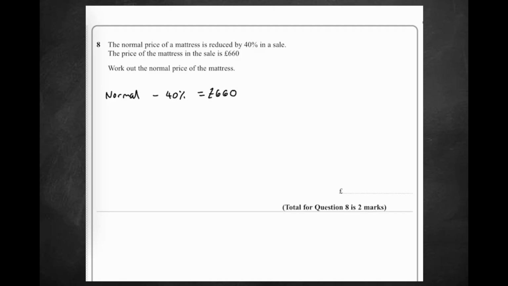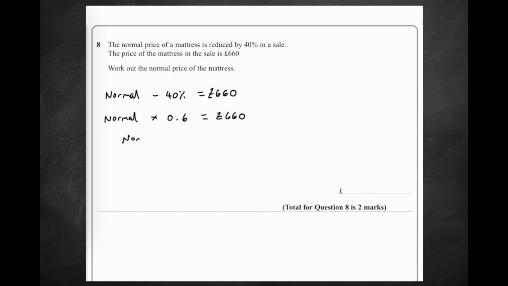So that would mean the normal price multiplied by 0.6 would be £660, as we would want to find 60% of the overall price to take 40% off of it.